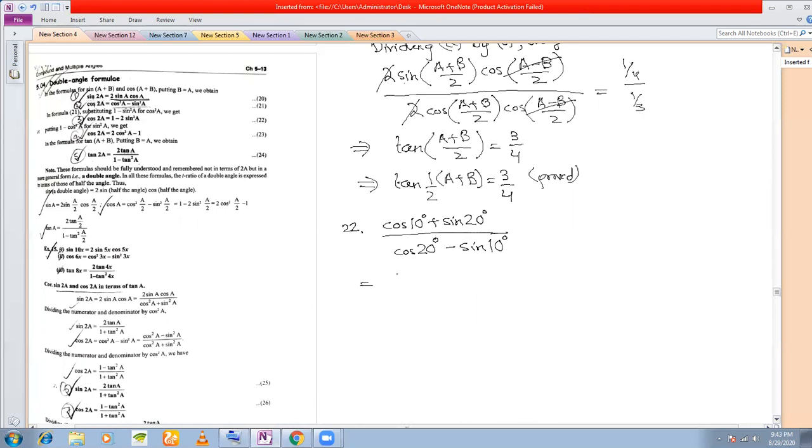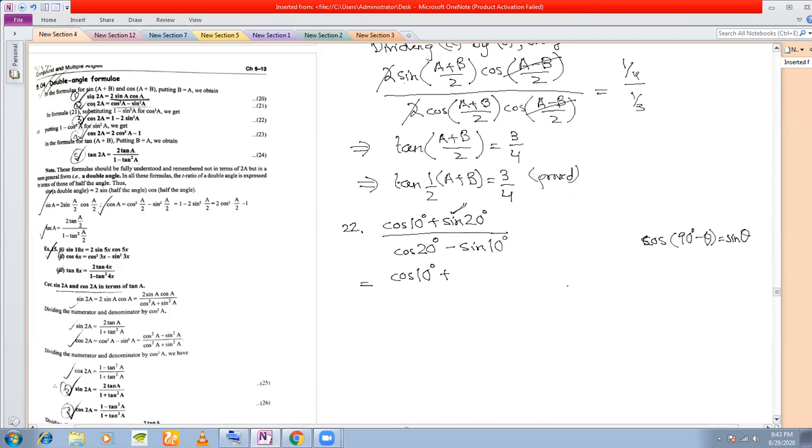Okay. So what we intend to do here is I will change this sin to cos. You can change this cos to sin also, no problem. So let's change the sin to cos. So cos 10 degree plus, you know that cos (90 minus theta) is equal to sin theta. Class 9 formula you must have done, right?